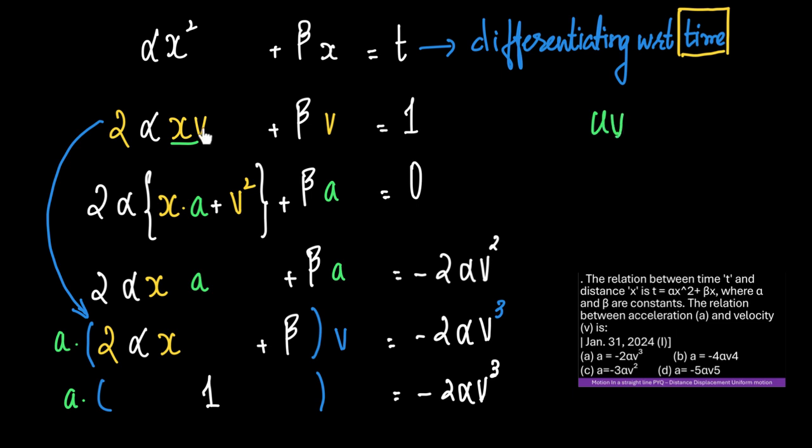So x into the derivative of v, which is a, plus v into d by dt of x, which is v square, plus beta is equal to 1. So this equation, 2 alpha x v plus beta v is equal to 1, will be reused here. So 2 alpha x plus beta into v is equal to 1, and therefore we get a into 1 is equal to minus 2 alpha v cube. Pretty straightforward question. So this is just the gist of it.